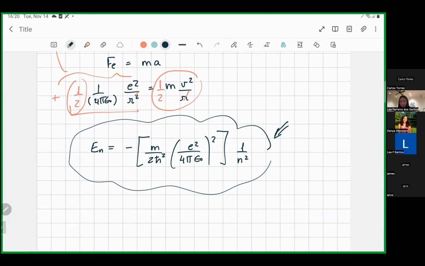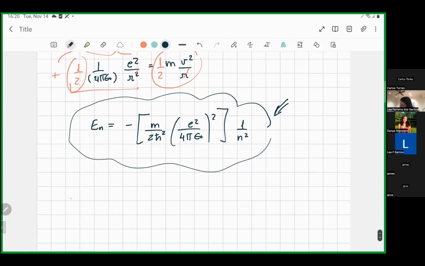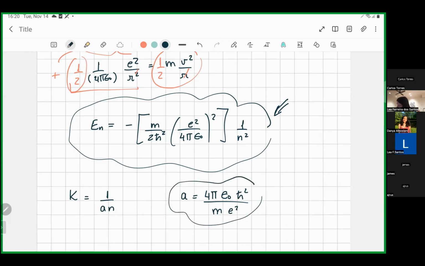Well, coming back to those symbols that we have introduced, that kappa, now that we have the energy, we can also write this kappa as 1 over A n, where A is that Bohr radius that we talked about. It's a combination of symbols: 4 pi epsilon 0 h bar squared over the mass of the electron times e squared. So this is the Bohr radius that we found above.